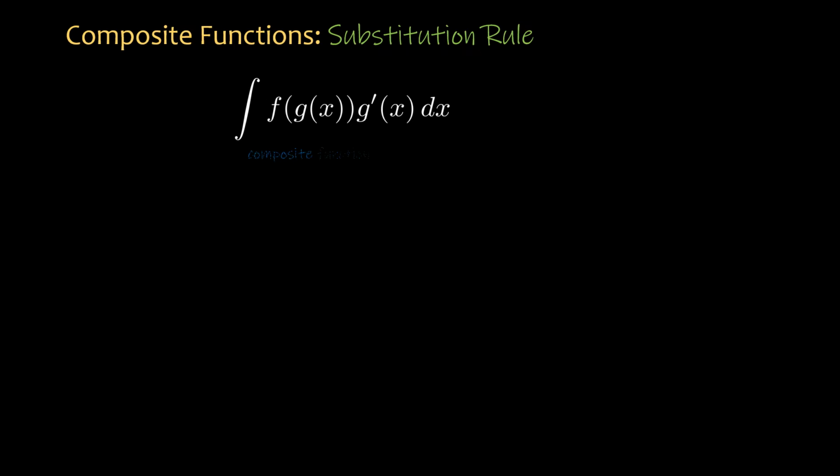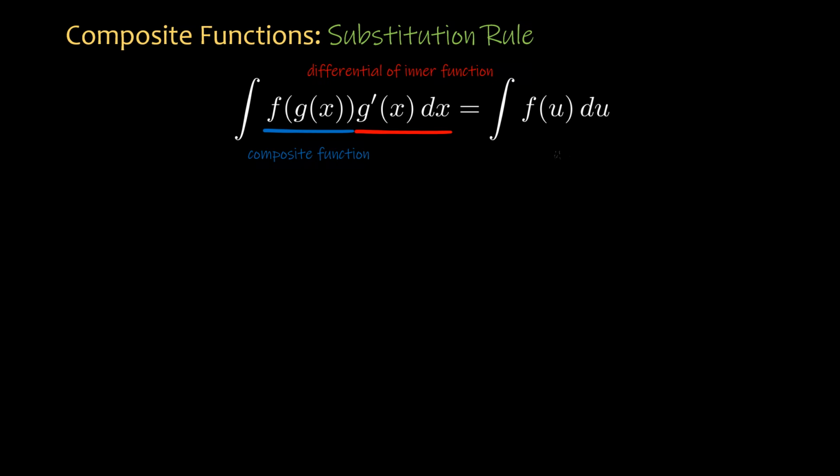In general, the integral of a composite function multiplied by the differential of the inner function is equal to the integral of the outer function with respect to a new variable substituted for the inner function multiplied by the differential of that function. The following examples show when to apply a basic integration rule and the corresponding substitution rule.